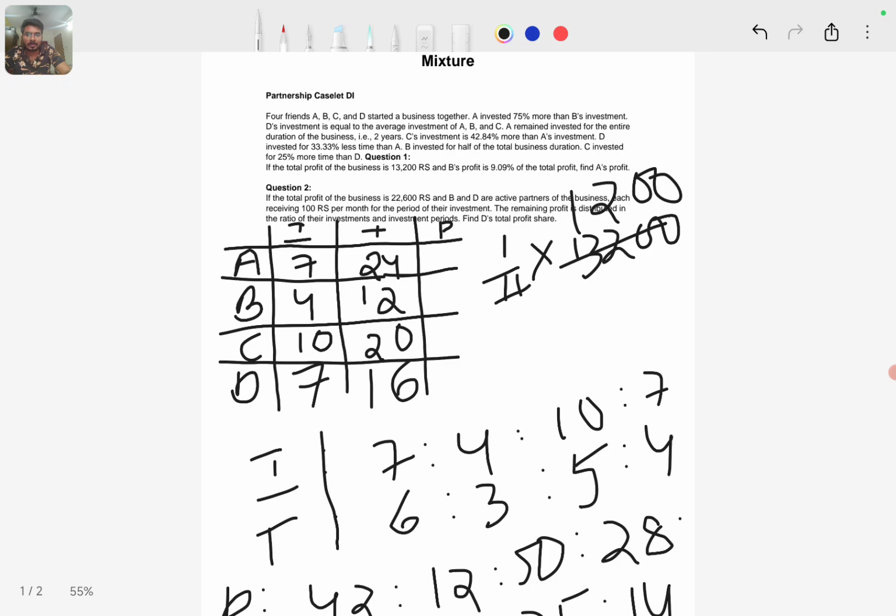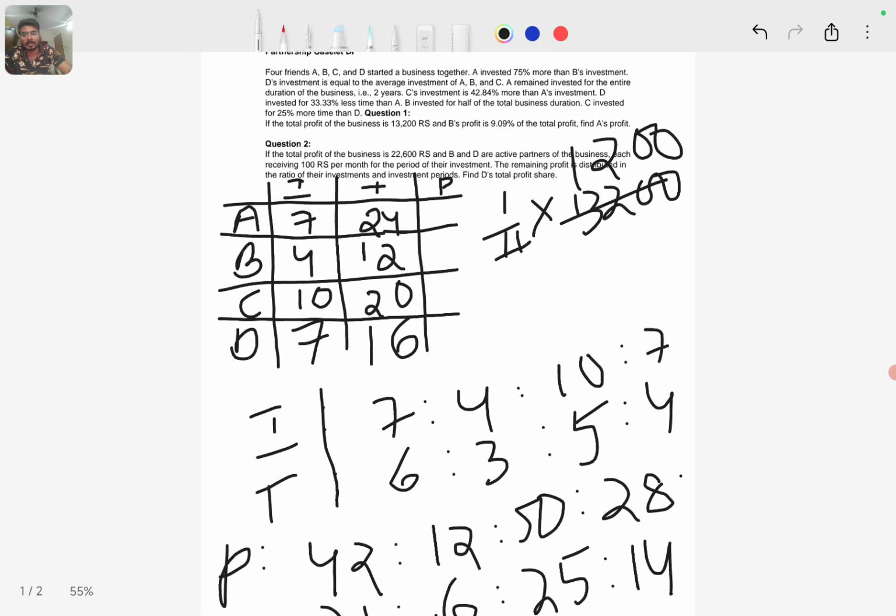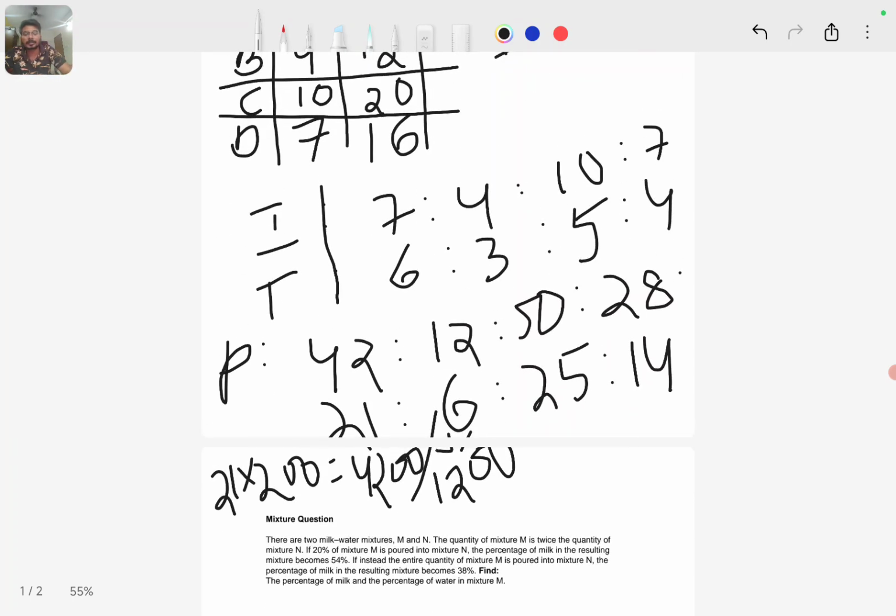In the question, the total profit and B's profit are given. If we get B's profit, since we already have the ratio relationship between A, B, C, D, automatically we can get A's, C's and D's profit. This is the first question.